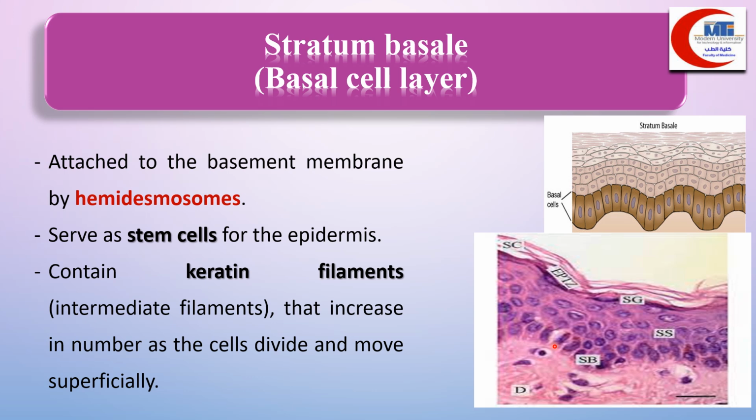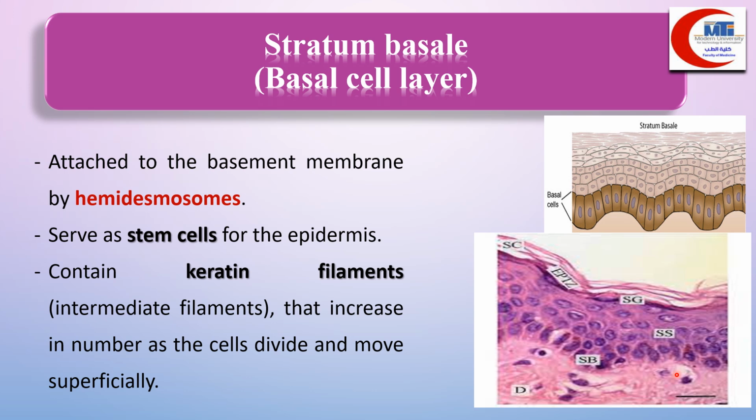So the cells of the stratum basale or basal cell layer with the light microscope appear as a single layer of columnar cells with basophilic cytoplasm and basal oval nuclei, and show mitotic figures. And these cells rest on the basement membrane.